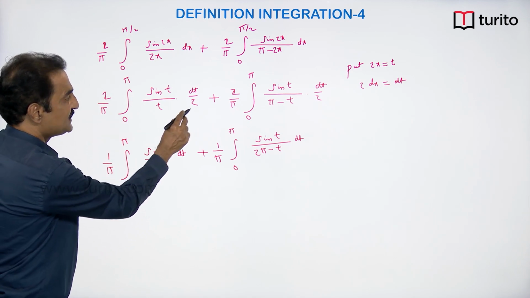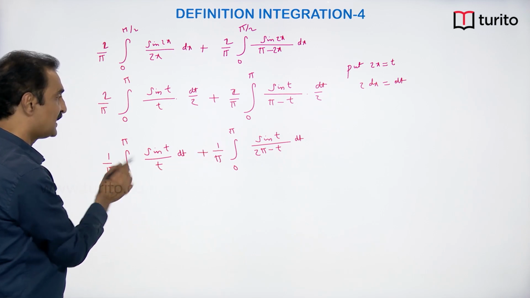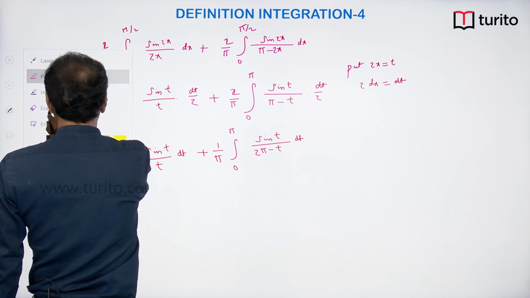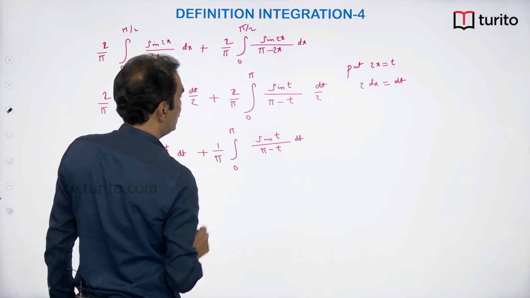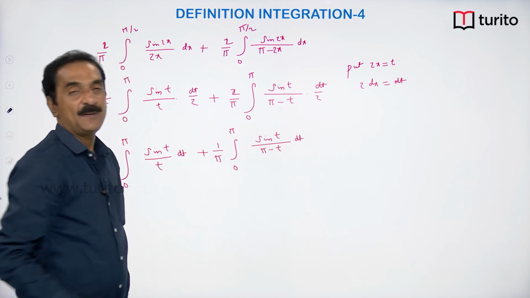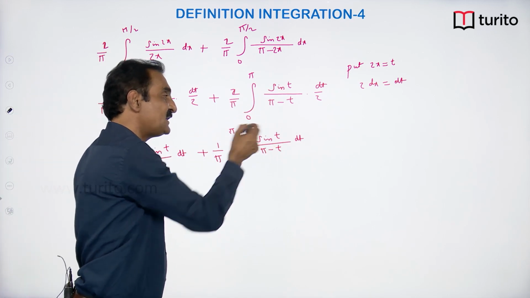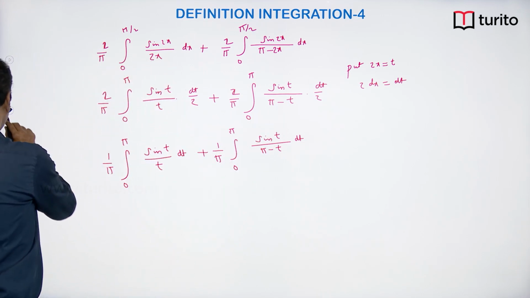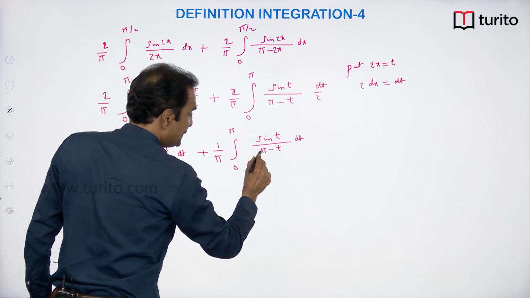This 2 cancels here and there, so 1 by pi will be same. Here you are going to get pi minus t only. Now replacing t by pi minus t, what happens? Numerator is sin t, denominator becomes t, is it not? So this becomes t.